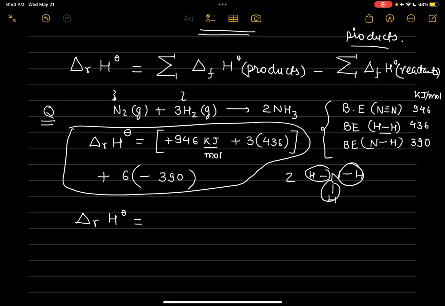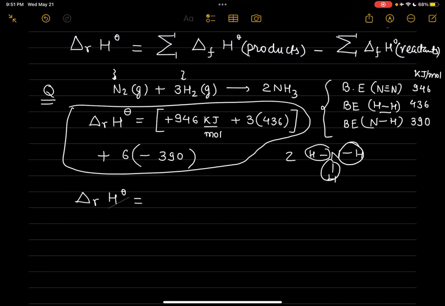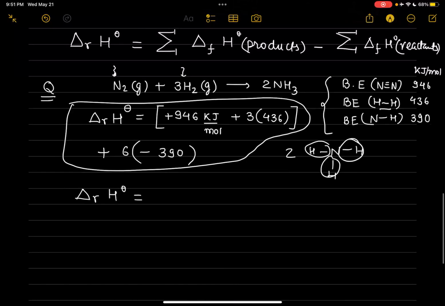How much is it coming? Minus 2340. Minus 2340 kilojoule per mole.